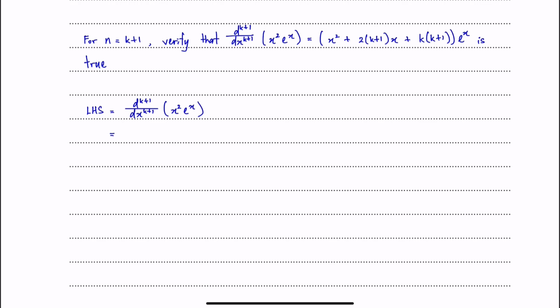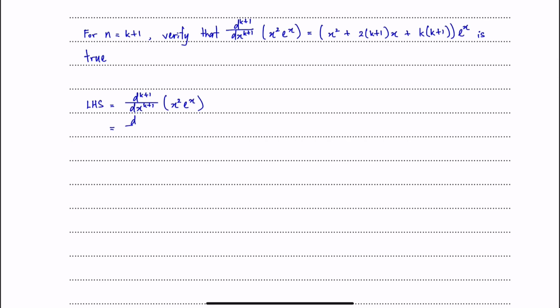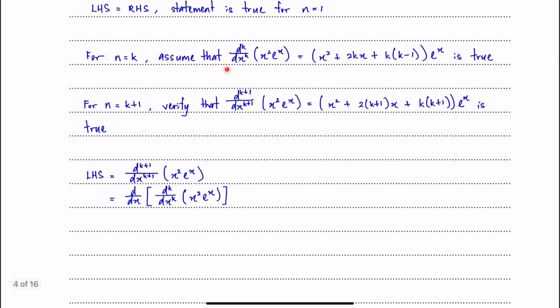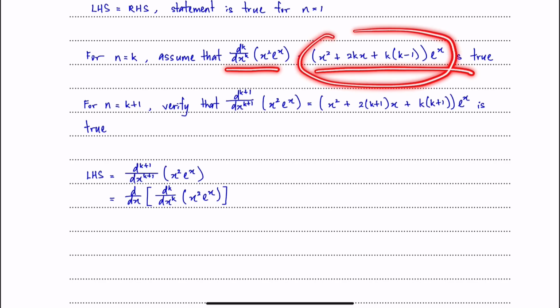So how do we do this? So this is basically the derivative of d^k over dx^k and so on. This is basically this, right? We can write this as this. And from part 2, we assume that this is equals to this. So we can just sub this whole thing inside here.